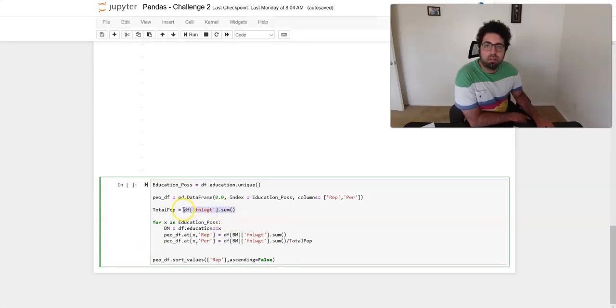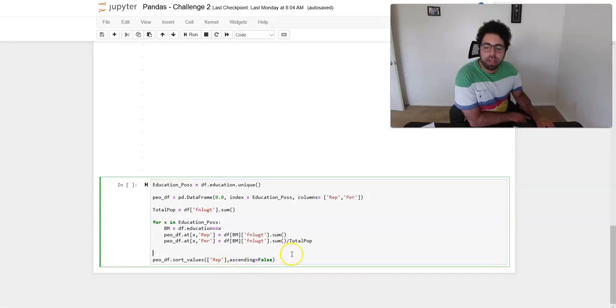So I divide the represented number by the total population and my placeholder will be filled. Before reporting it, I sort the values based on one of the columns. It's not going to matter because they are going to be completely correlated.